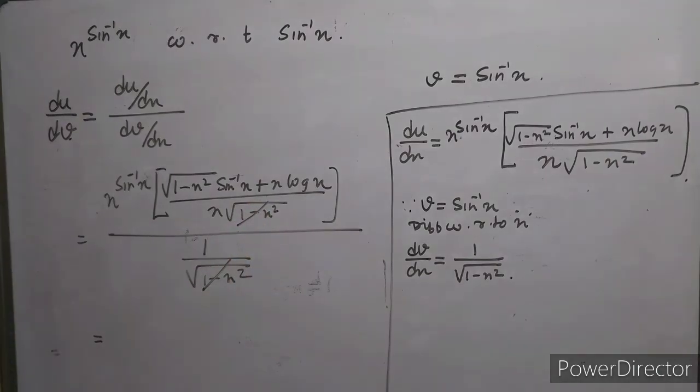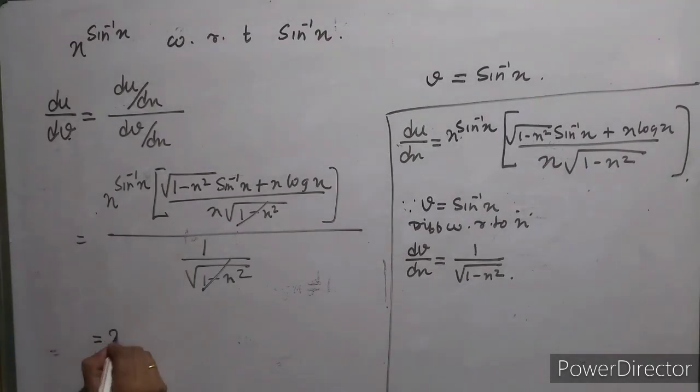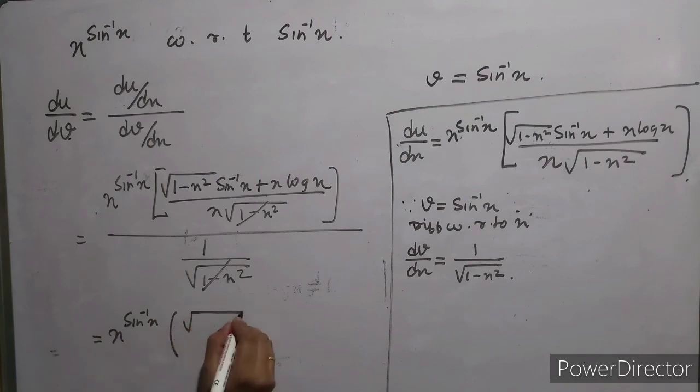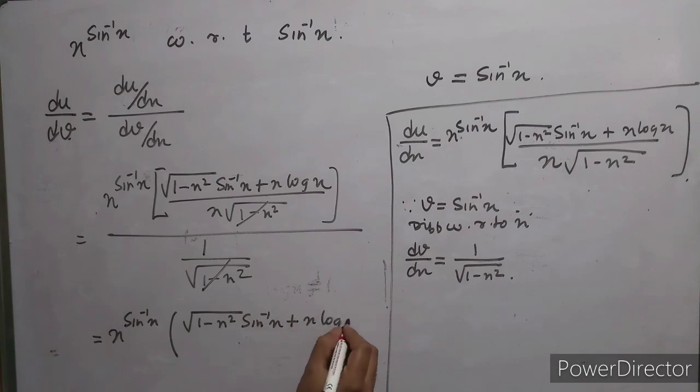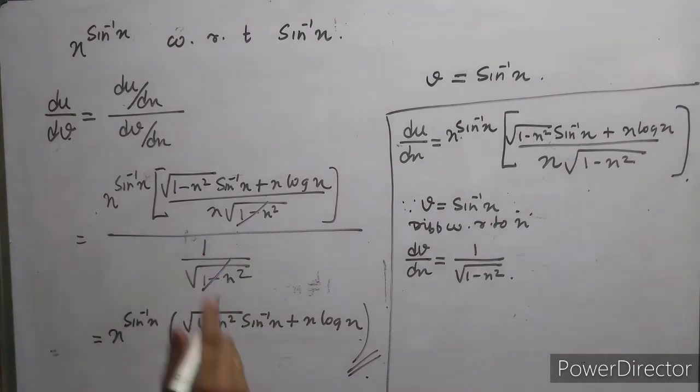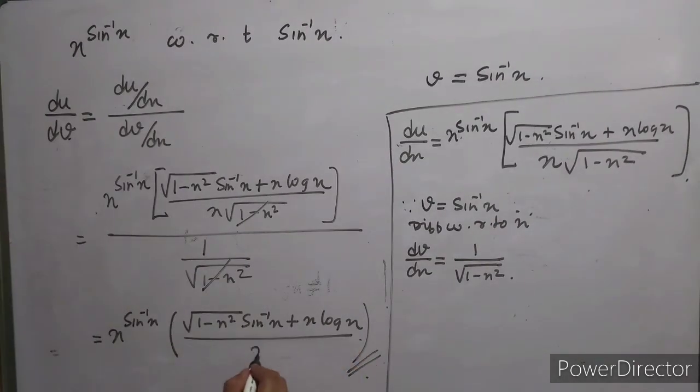The final answer will be x to the power sin inverse of x within bracket under root 1 minus x square sin inverse of x plus x log x, divided by x. Oh, x is there. This will be the required answer.